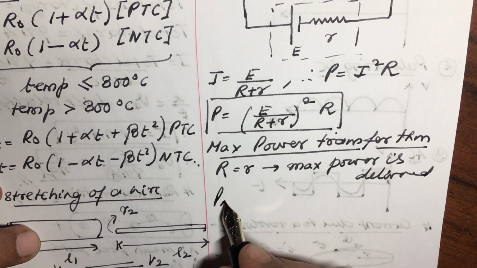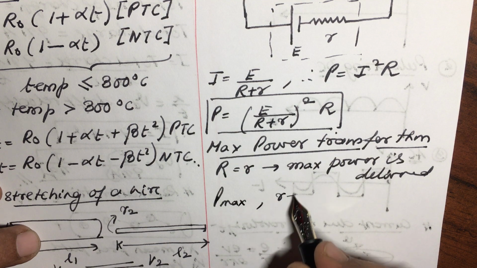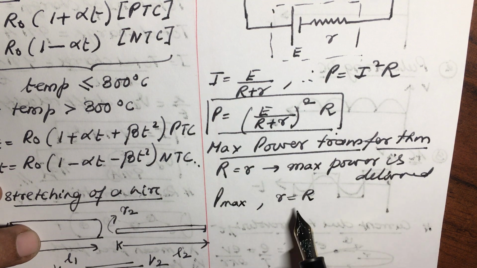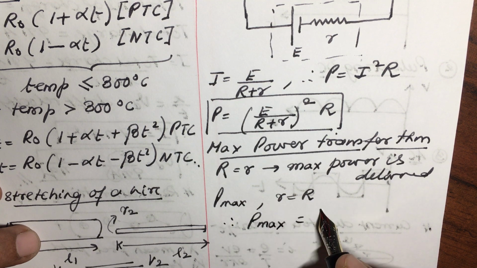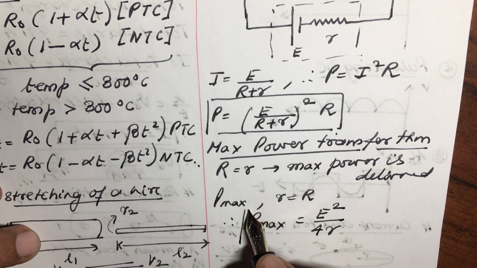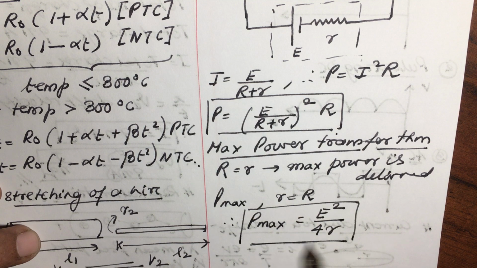So for P max, we have small r equals capital R. Using this over here, if you do the requisite math, you will get P max as E squared by 4R. So that is a formula for maximum power, and I'd like you to remember that.